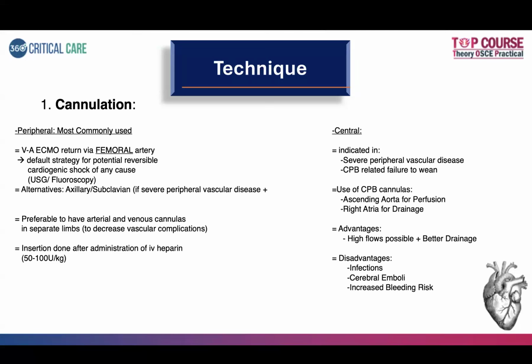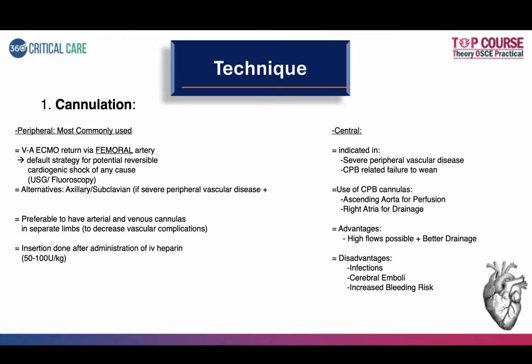And there is also central cannulation, which is indicated in severe peripheral vascular disease and in patients who have come post cardiopulmonary bypass with the failure to wean. So in cardiopulmonary bypass cannulas, usually the ascending aorta is used for perfusion and the right atria is used for drainage.